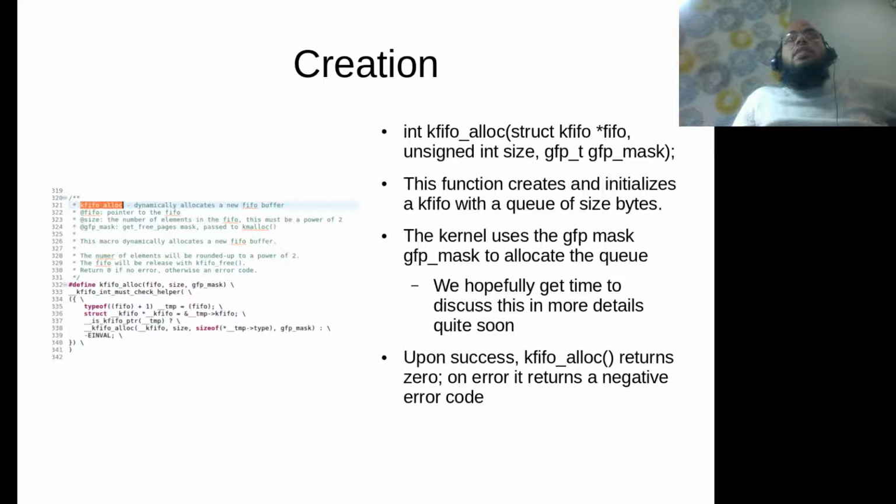Then you pass the get free pages mask, which is something that you pass to kmalloc. We'll talk about this hopefully very soon. Then a kfifo queue will be created and initialized with the size that you have designated. Upon success, kfifo_alloc returns 0, and if an error occurs, it returns a negative error code.